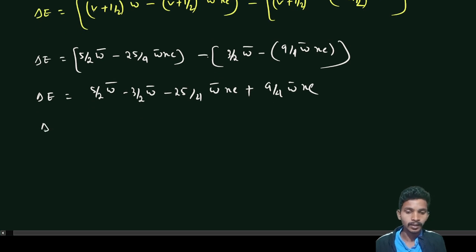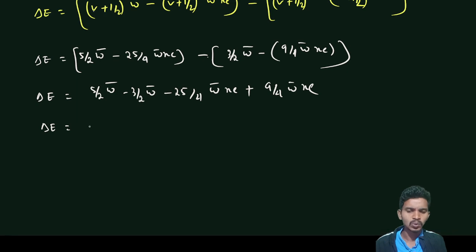So here delta E is going to be equal to omega minus 16 upon 4, that is minus 4 omega xe.